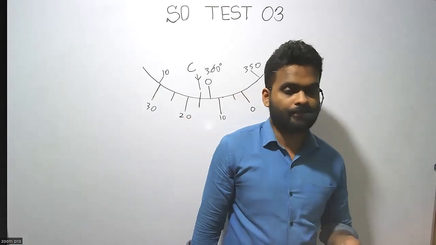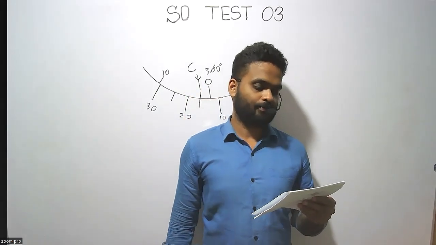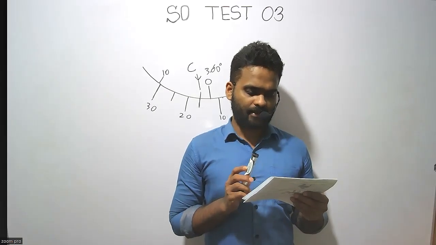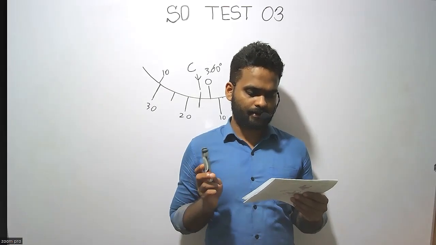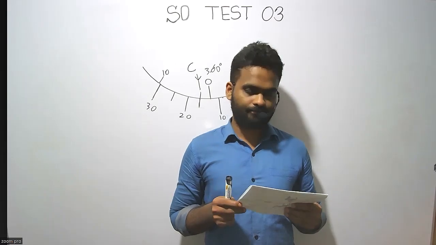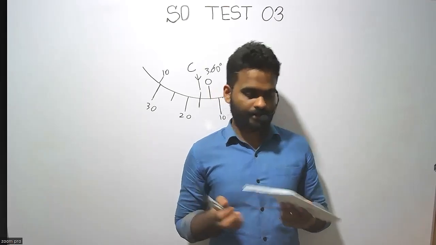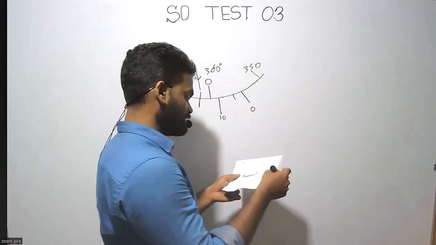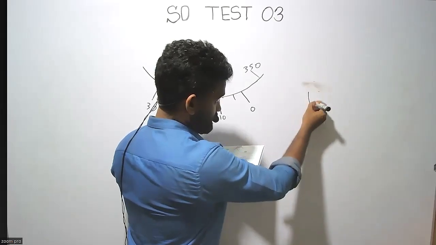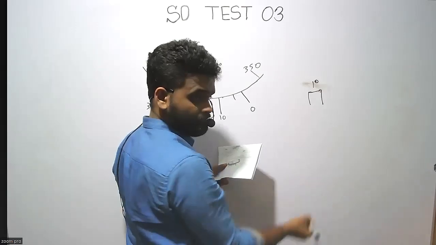Right, 13th question. A circular scale used in a spectrometer is shown in the image. Its main scale is 0 to 360 degrees, consisting of half-degree parts. Okay. So you can clearly see in the main scale, the gap between these two is 1 degree.